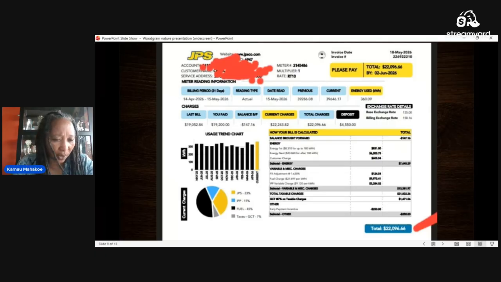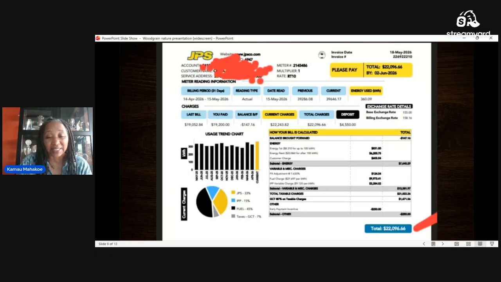$27,697 per kilowatt hour. And yeah, this is the biggest charge. The IPP variable charge, 7.12 per kilowatt hour, and that's basically JPS paying the power companies.